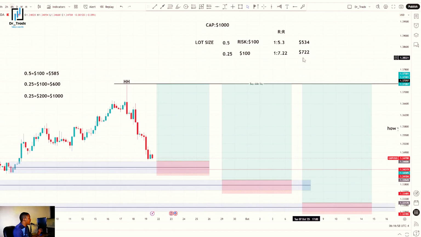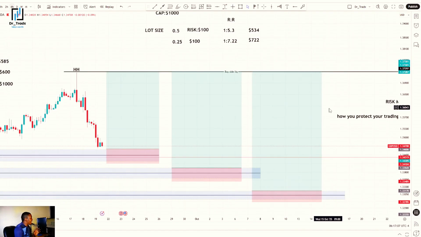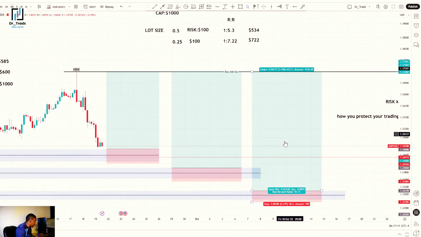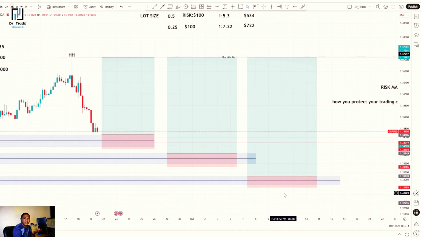Now, for the scenario, remember, maybe you've decided you're going to take 3 trades per day. Now, this is the second one. In the scenario that the first one is gone and I come here and I see the distance between here and here, if I use a lot size of 1, I'm going to lose maybe $50.